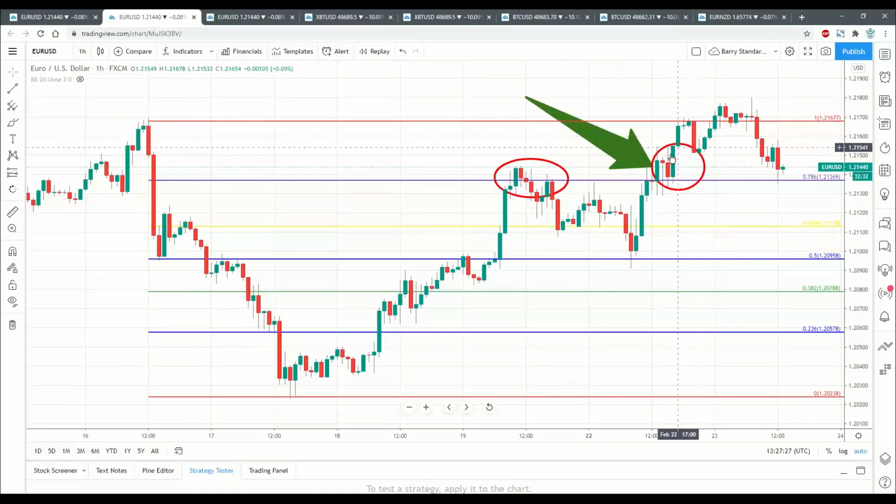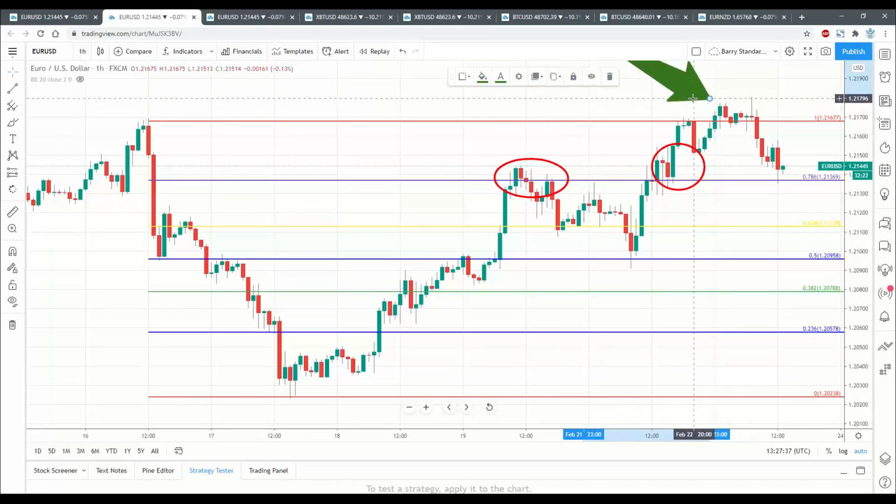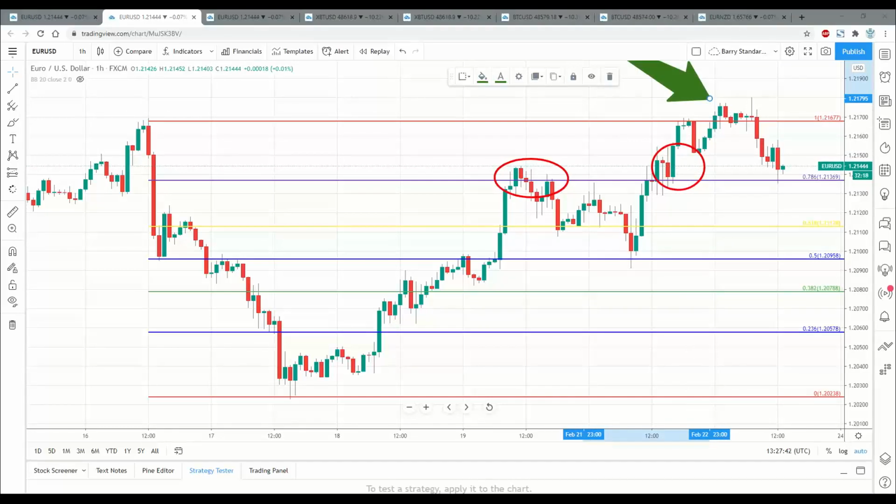We also saw something very unusual here. What happened? It wasn't able to make a higher high. It pushed up to this new high here. Beautiful. Retraced down a wee bit, but it's not able to come back up here.